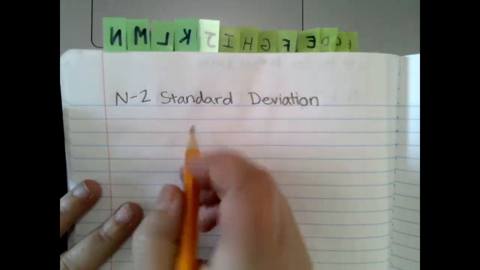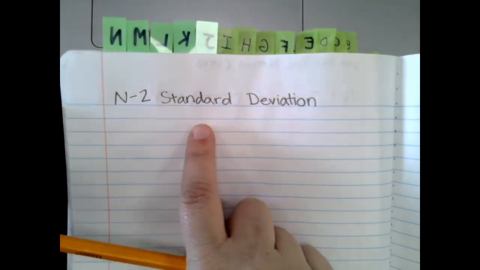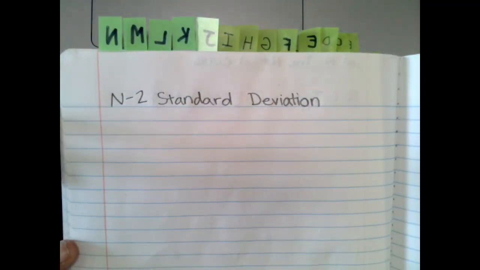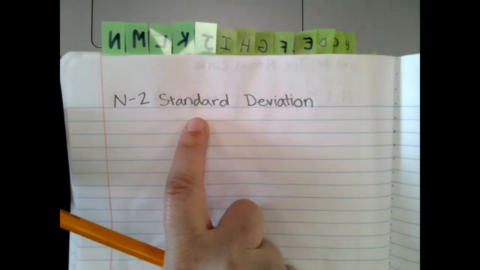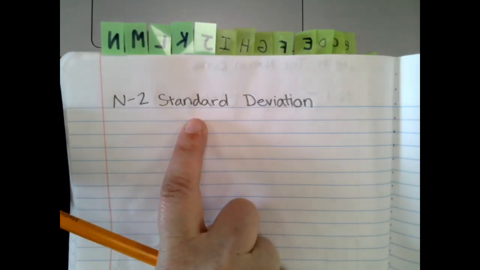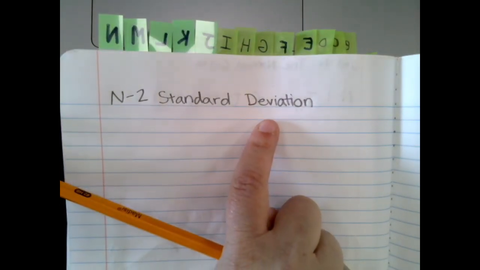So standard deviation, this is kind of a goofy word. What does it mean if something is a standard? It's normal. So if you're doing the standard, you're doing the normal or the regular, what's expected. What does deviation mean? What does it mean to deviate?